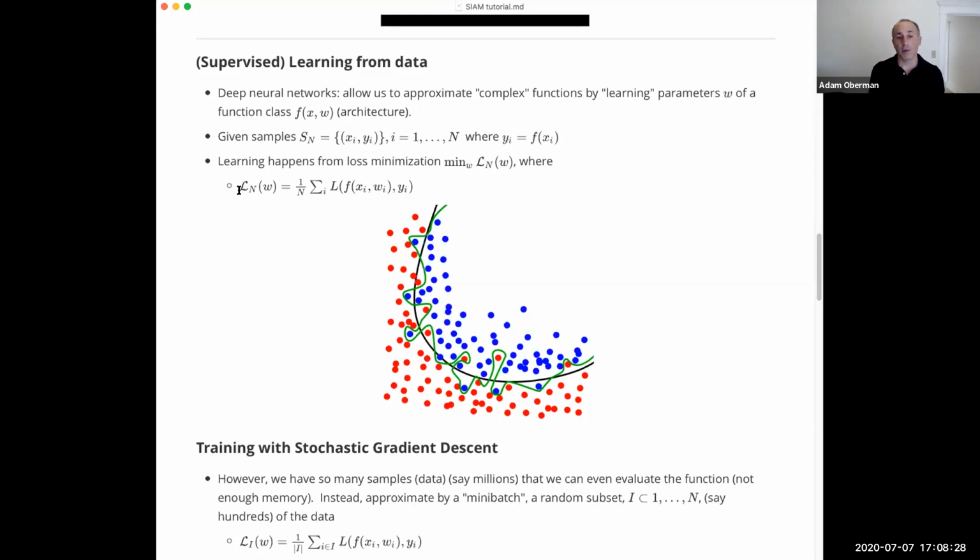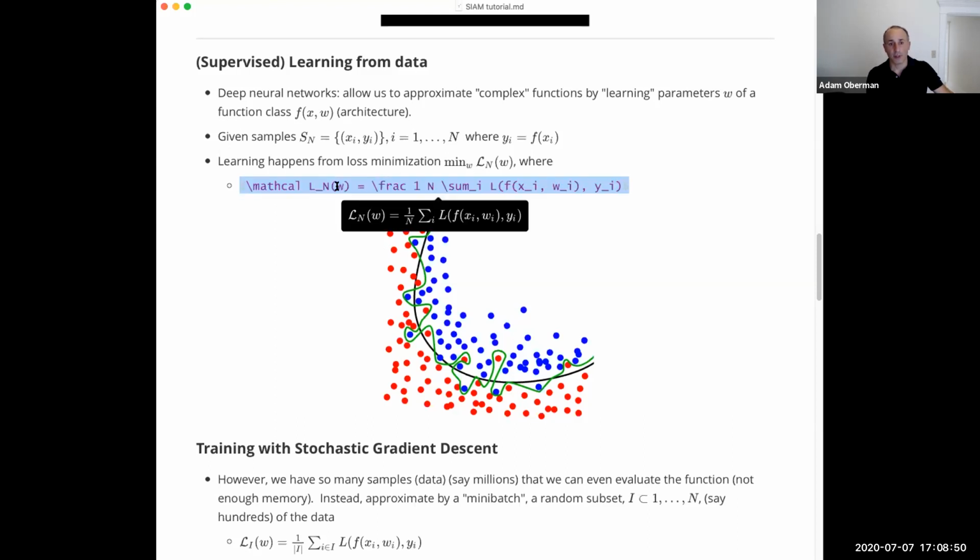We minimize a loss. A loss is a degree of misfit between the output of your function and the value you want. If it's classification, it's just a one-hot vector, 1, 0, 0, 0. If it's regression, it's just a number or a vector. So the loss is the average loss per sample.